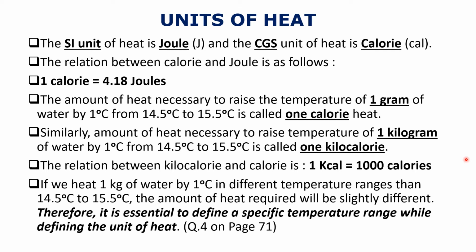So the answer is this: if we heat 1 kg of water by 1 degree Celsius in different temperature ranges other than 14.5 to 15.5, the amount of heat required will be slightly different. So for different temperature ranges, the amount of heat will be different. That's why it is very essential to define a specific temperature range while defining the unit of heat. I hope this is clear.